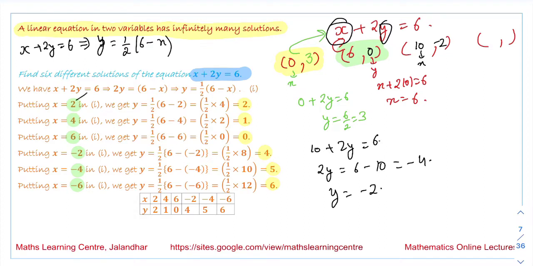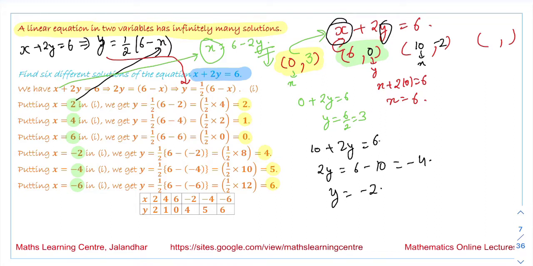So we have substituted different values of x and we have obtained different values of y. In place of this, you can write the value of x. You can write x is equal to 6 minus 2y. Put different values of y in this and obtain different values of x from here. So it is up to you how you want to calculate these values.